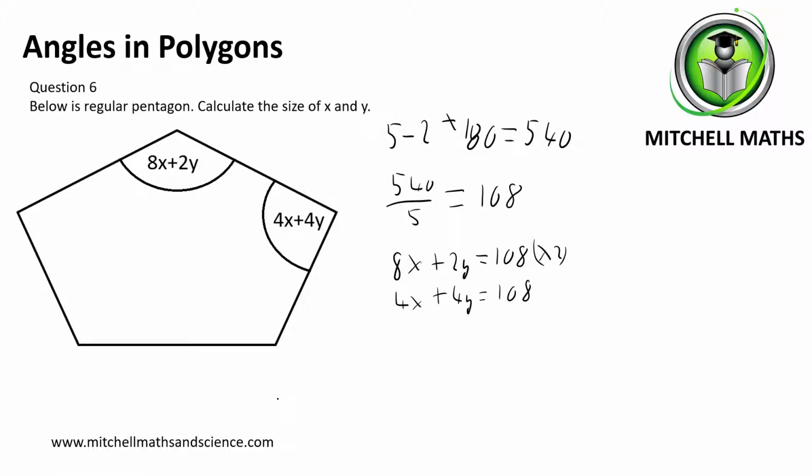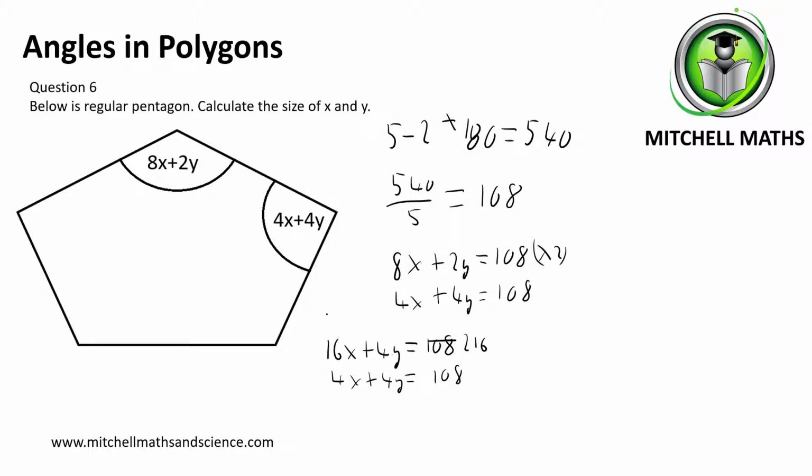If I multiply 8x plus 2y by 2, I'll get 16x plus 4y equals 216. Remember to times the numbers as well. And I'll get 4x plus 4y equals 108.